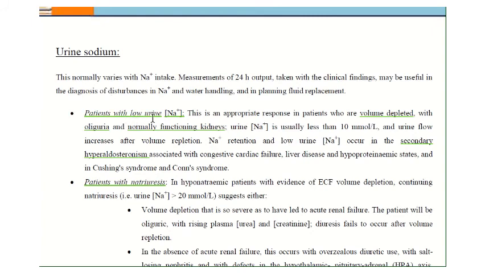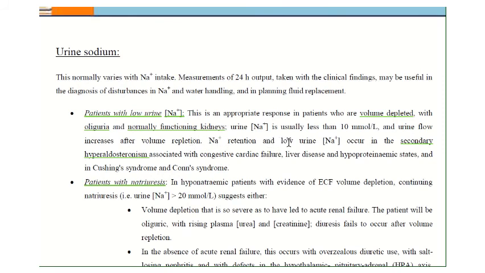Patients with low urine sodium concentration: this is an appropriate response in patients who are volume depleted with oliguria and normally functioning kidneys. Urine sodium concentration is usually less than 10 millimole per liter, and urine flow increases after volume repletion.